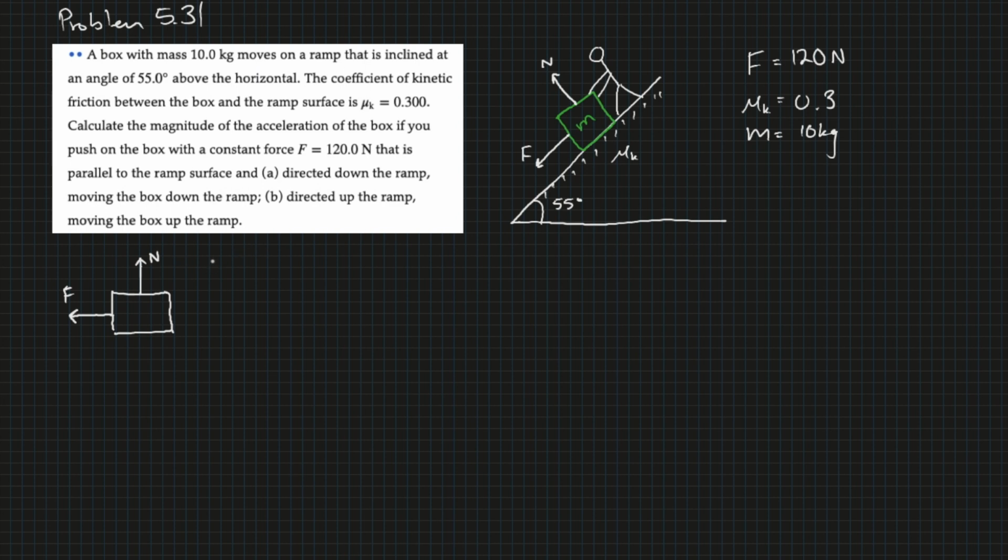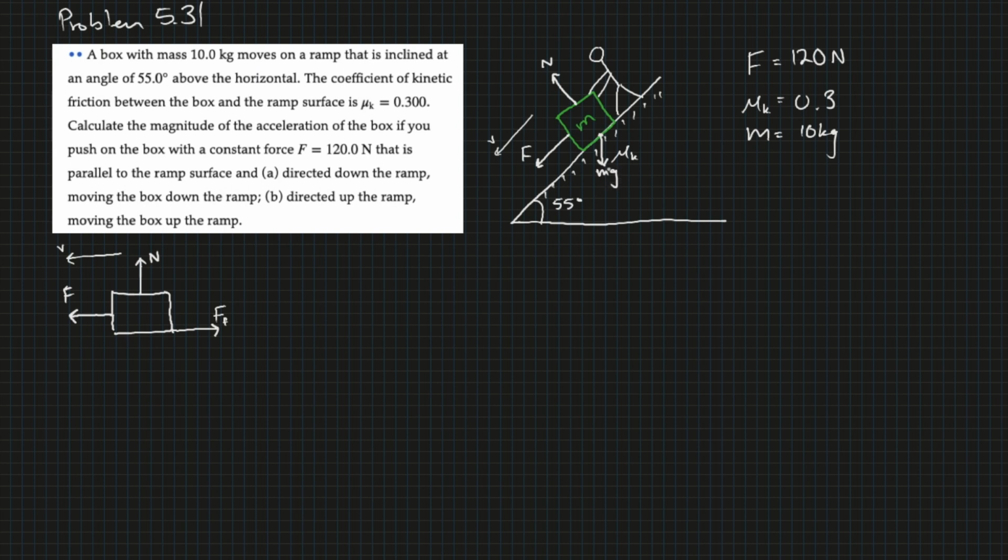And the force of friction is opposing the direction of motion. The direction of motion would just be down the ramp that way. That's the velocity, which in this rotated perspective is to the left, which means that the force of friction is going off to the right. And then the final piece is the weight of this box, mg, which normally would be going straight down.